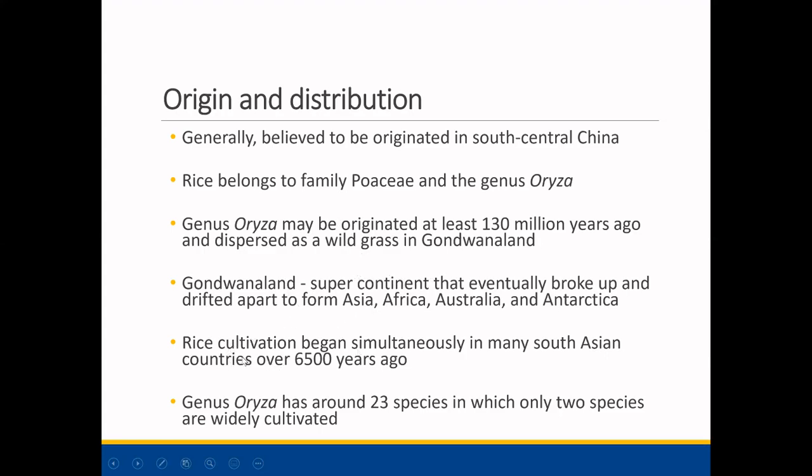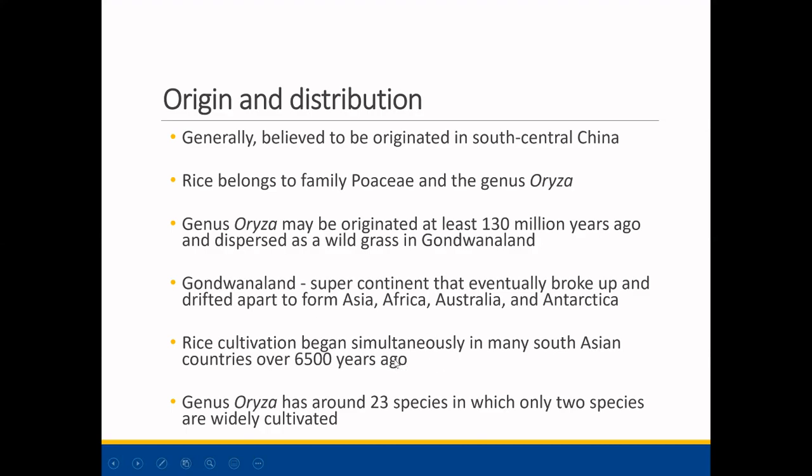How was the cultivation in South Asian countries? Rice cultivation started simultaneously, during the same period, in many South Asian countries, around 6,500 years ago.